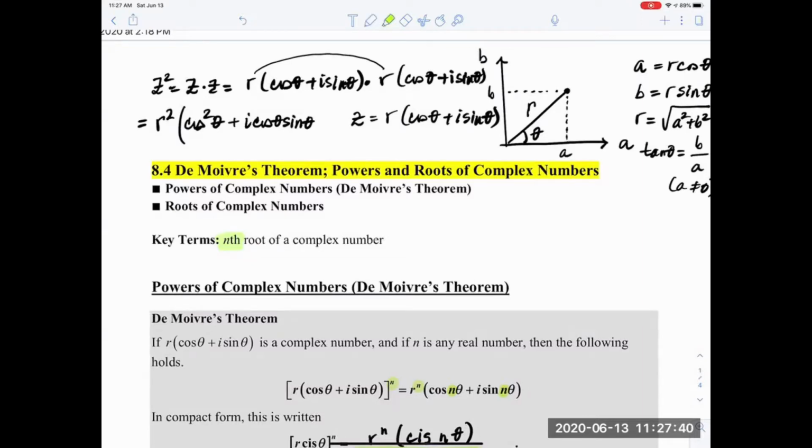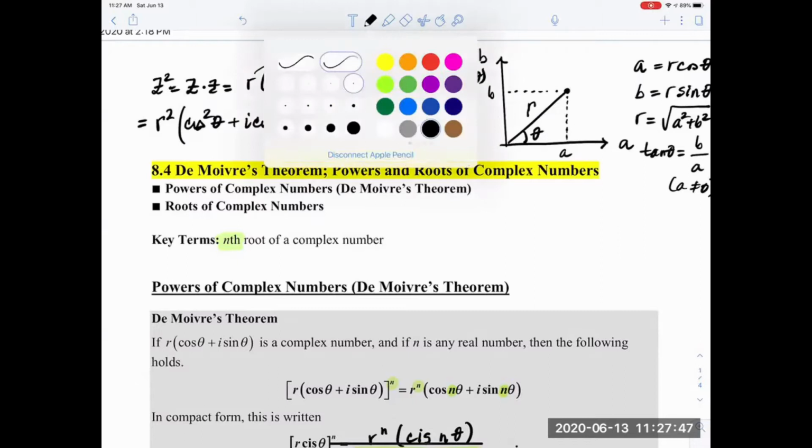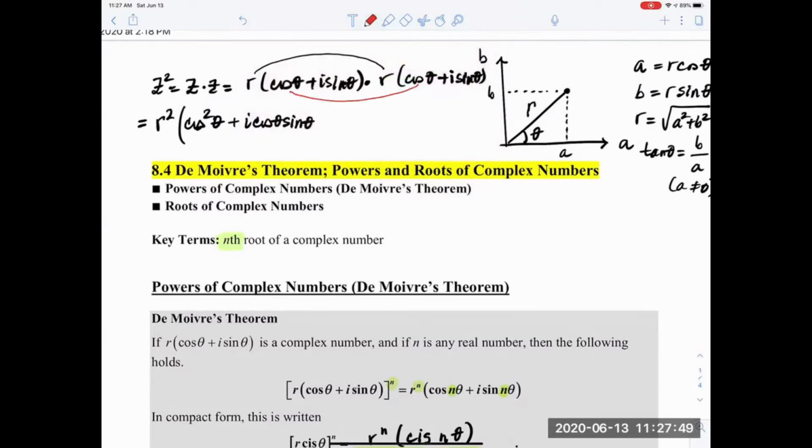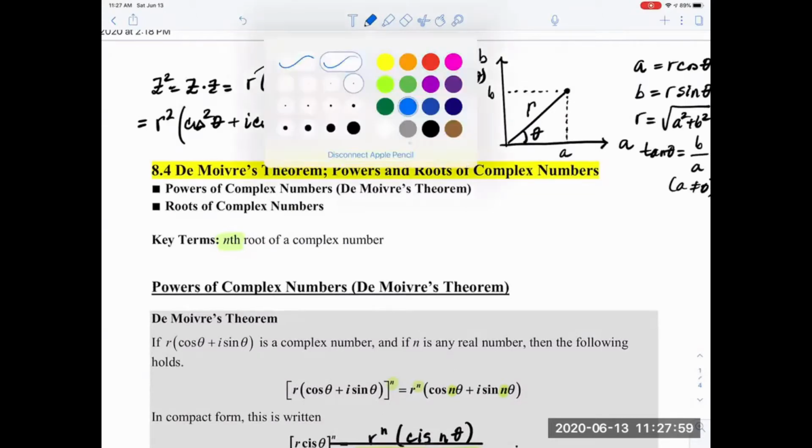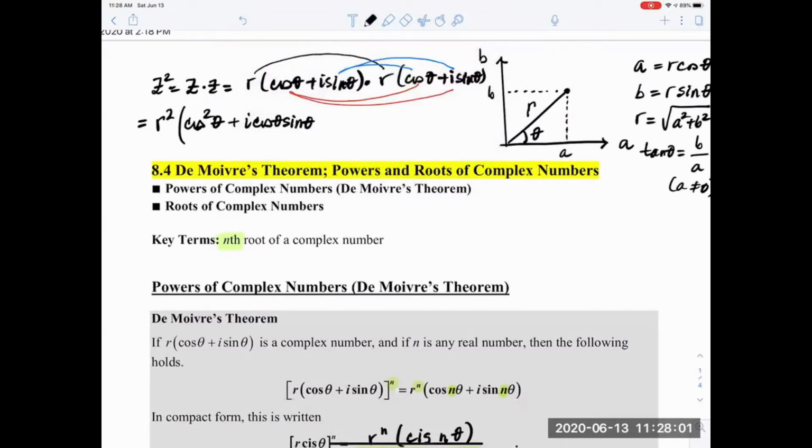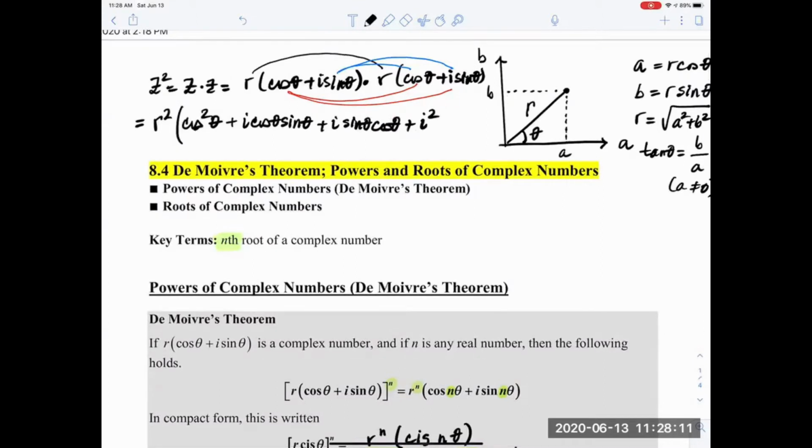I'm going to erase this part right here for now, so we have a little bit more room. So what I did so far: cosine times cosine, then cosine times I sine, so we're done with that one. Let's take our I sine and walk it through the parentheses. So you get again plus I sine of theta cosine of theta, and in the end you get plus I squared sine squared of theta.